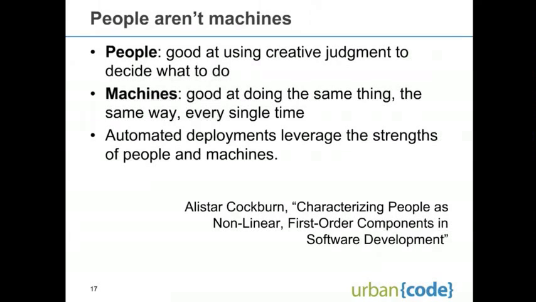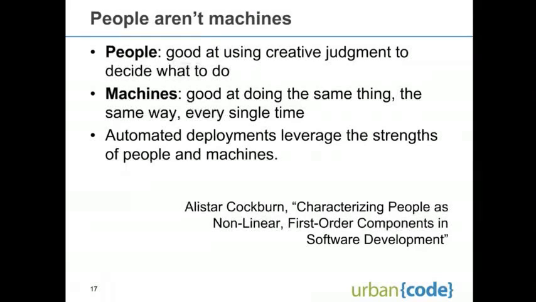Beautiful title: Characterizing People as Nonlinear First-Order Components in Software Development, which you look at and cringe a little bit. But basically, what that says is, people are a very key variable in software development, and we should understand what they're good at and not good at, and how they communicate.